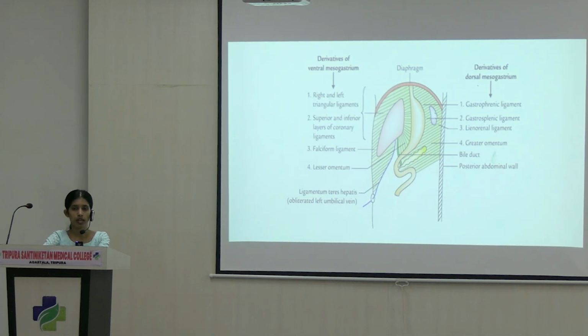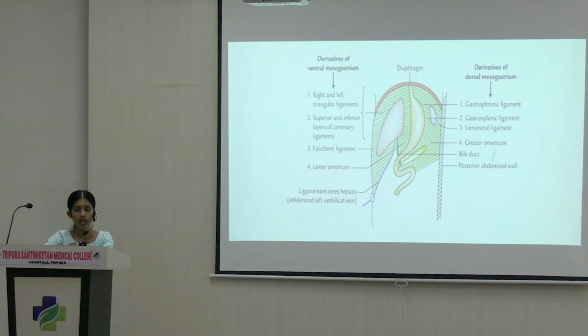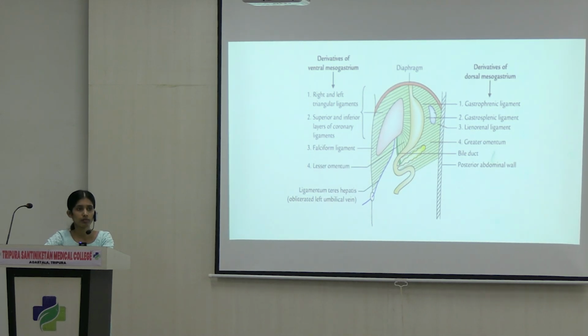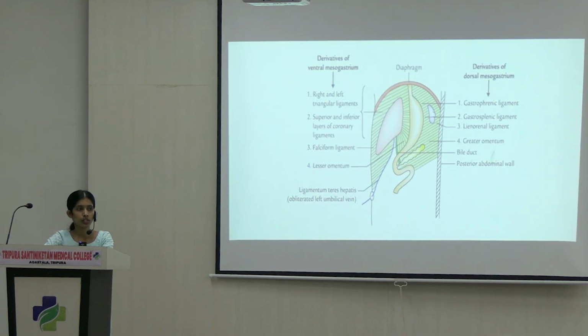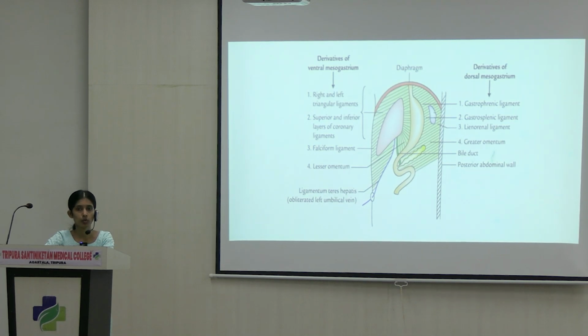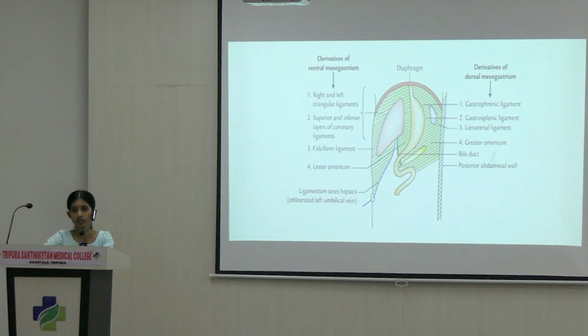So at the end of the development process, we will get two structures. What are those? Esophagus and trachea, that is the passage for your food and air. After that, we have seen the development of stomach. So what is going to happen in the development of stomach? What is the important key point to know the development of stomach?